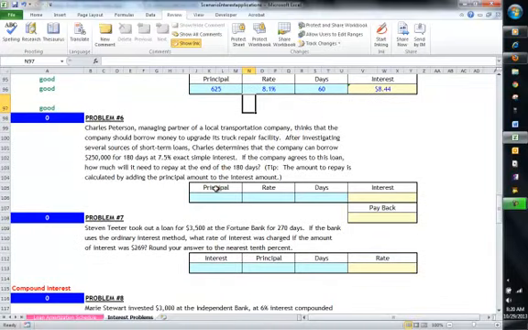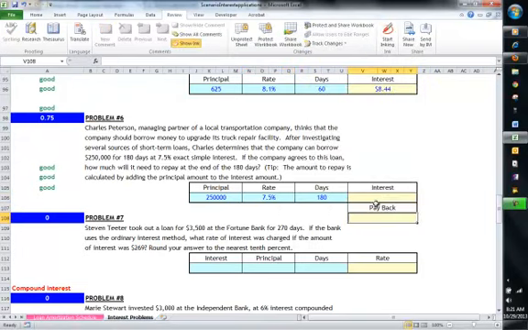After investigating several sources of short-term loans, he determines that the company can borrow $250,000 for 180 days at 7.5% interest. What will be the amount that he needs to repay in 180 days?